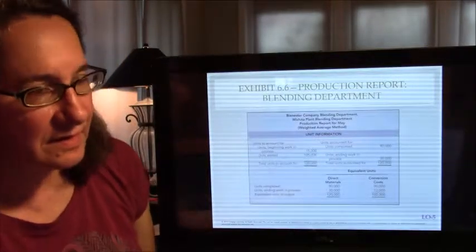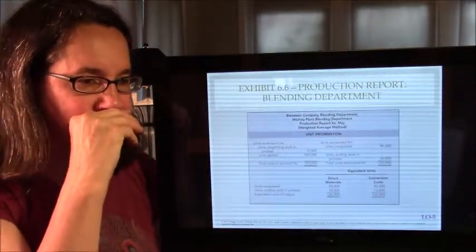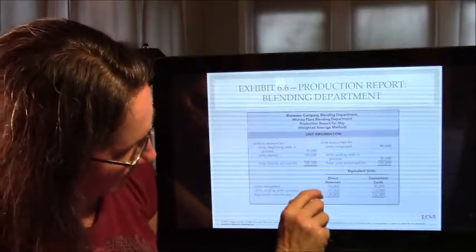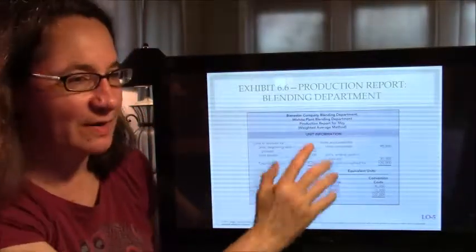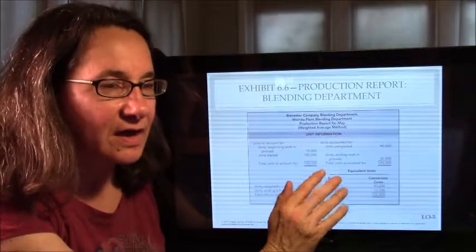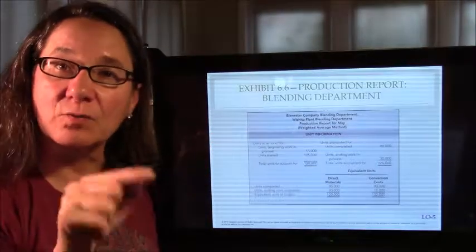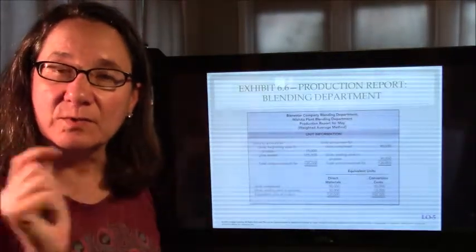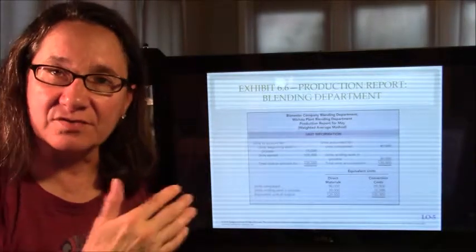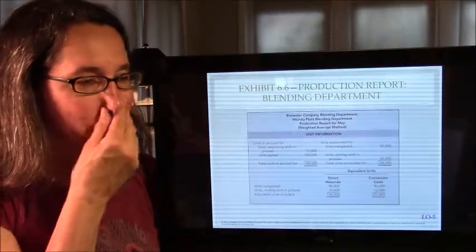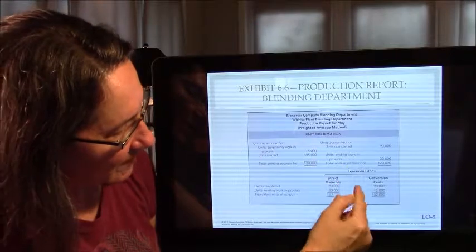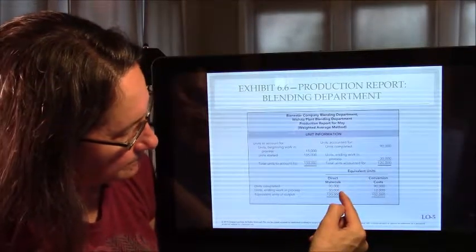So how this is really different is that we have our beginning work in process inventory, and oh, by the way, I work one like this, 6.31, and there's videos for that, and the answers are in Blackboard too, but same idea, we're coming up with our equivalent units.